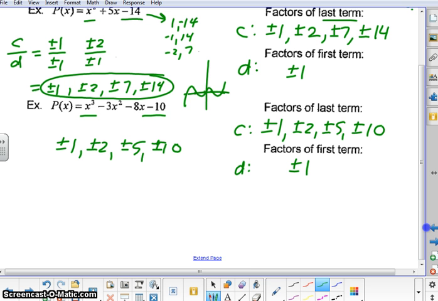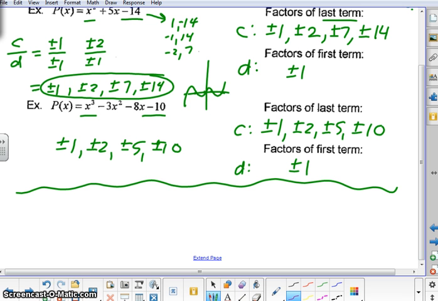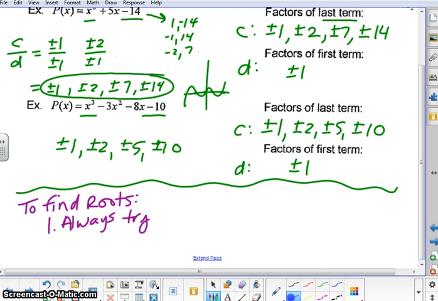Okay? So right underneath that, I know there's a little space here. I want you to go ahead and write a couple things. So to find roots, we've done several things already. But in this particular section, they're not giving us any starting point. So this is going to be our starting point for some cases. And always try to factor first, because that definitely is the easiest way. Okay, and then you go to this method after that.